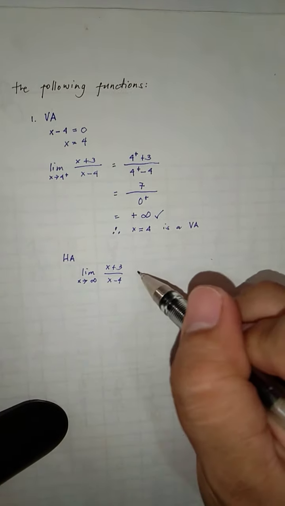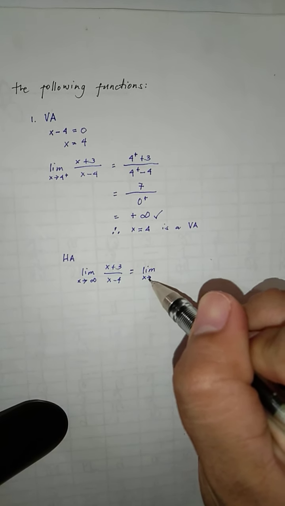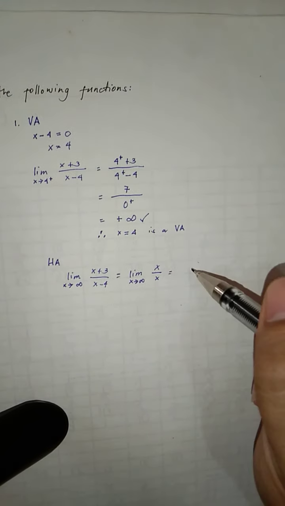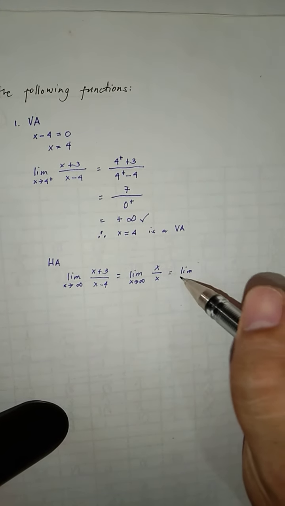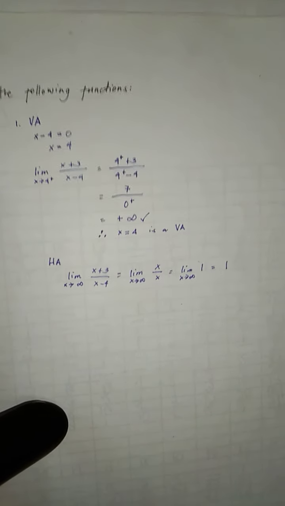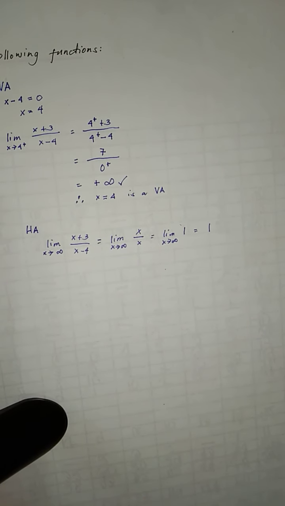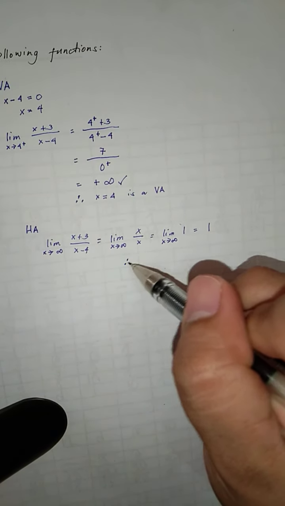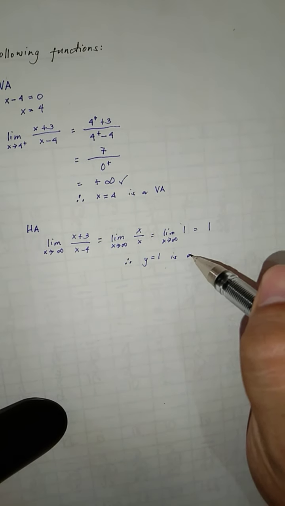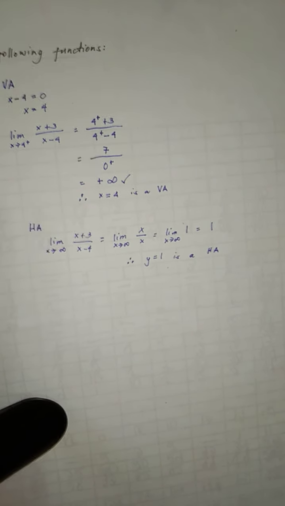By properties of limits, this is equivalent to the limit as x approaches infinity of x over x, which is the limit as x approaches infinity of 1, that is equal to 1. Since we have arrived at a constant value at infinity, therefore y equals 1 is a horizontal asymptote or HA.